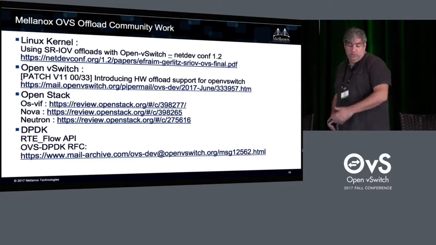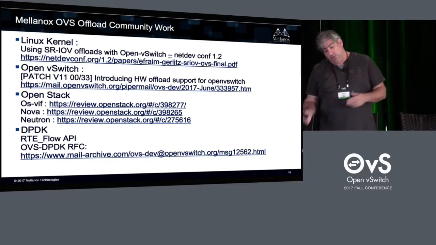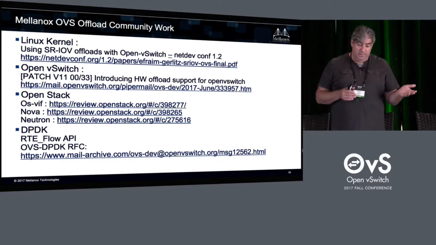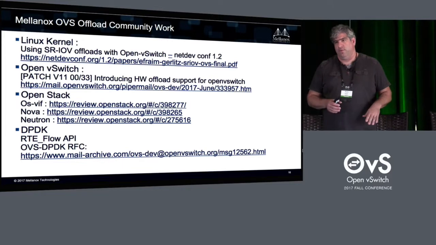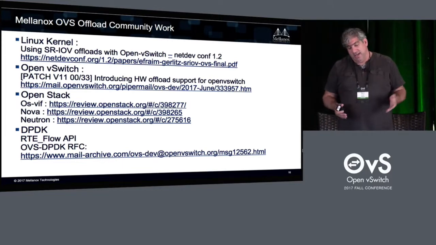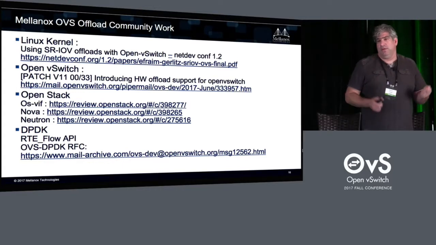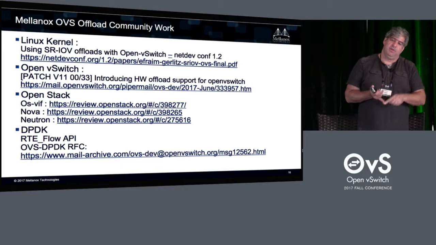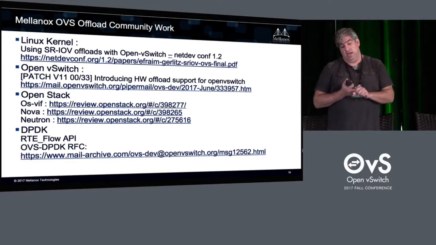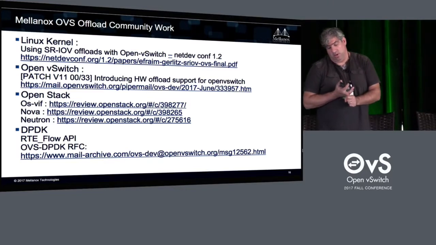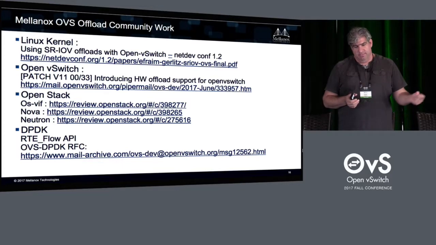So we needed to send some patches, of course, to Neutron, to Nova, OS VIF. All those patches were also accepted. So if today you take an upstream kernel, OVS 2.8, upstream OpenStack, out of the box, put a Mellanox card inside, and everything is working.